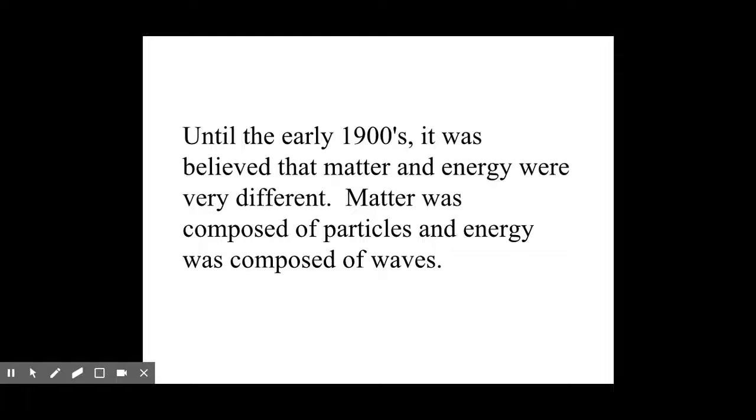Before the 1900s, it was thought that matter was only particles and energy was in waves, and those two were separate things. Then a big debate started with Niels Bohr and a whole bunch of other famous people who won the Nobel Prize, and Albert Einstein.